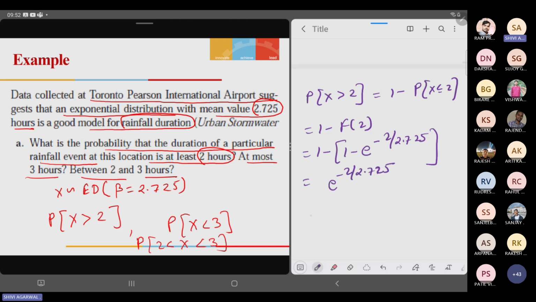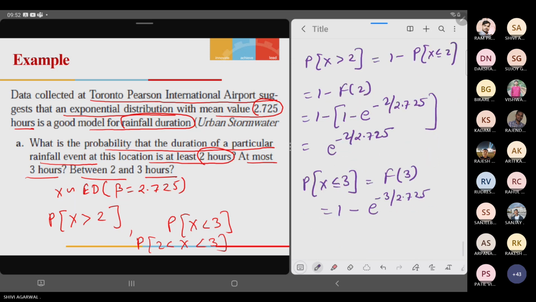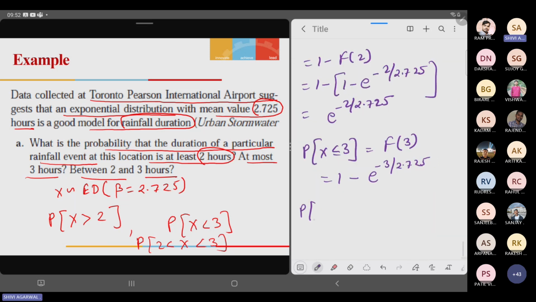Next, the probability when x is at most 3 hours is F of 3 directly, which is 1 minus e to the power minus 3 upon 2.725. And the probability of 2 less than x less than 3 is F of 3 minus F of 2.